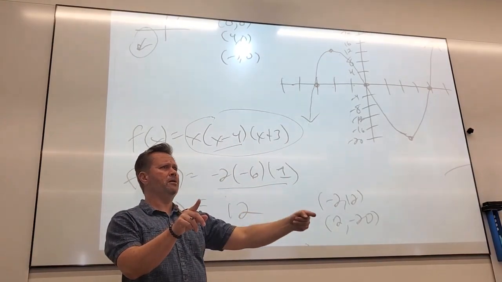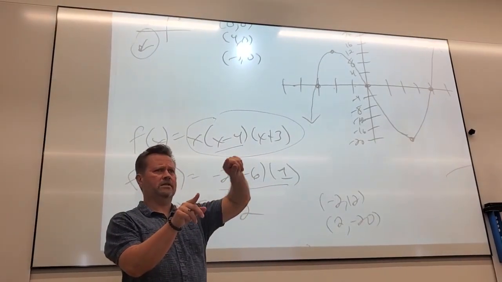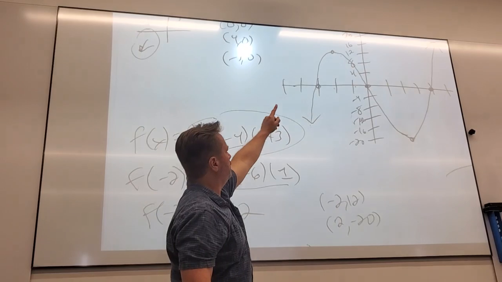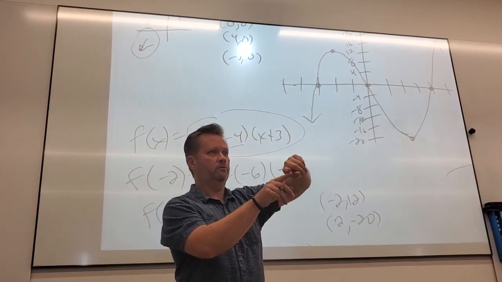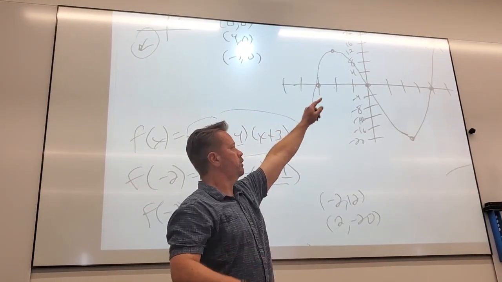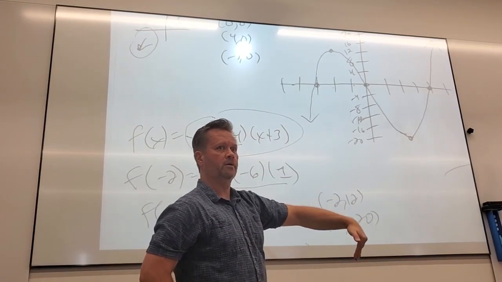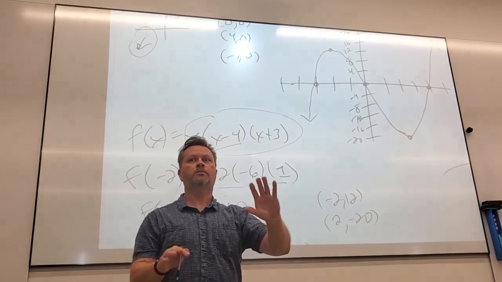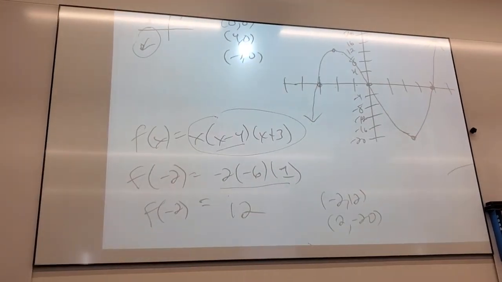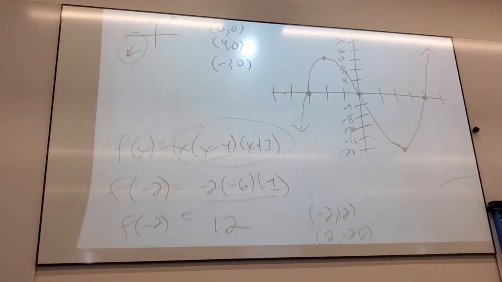Does it turn somehow? It just keeps going, correct? What did we do through each of the intercepts? We went through. Didn't I go through each of the intercepts? I didn't turn at any of them. You guys with me? So let's do a problem where I get something that turns and we talk about why.